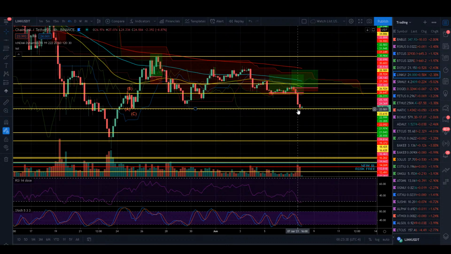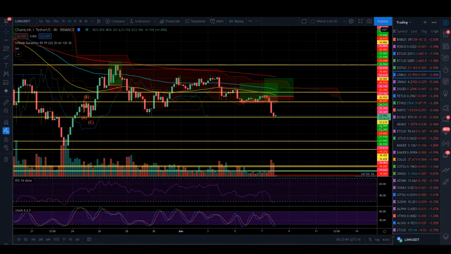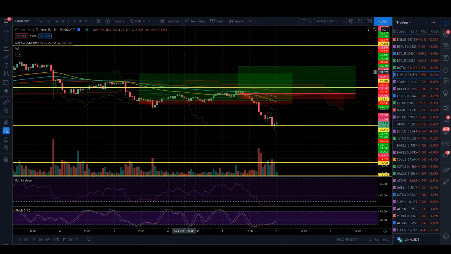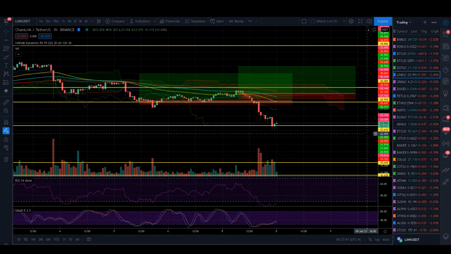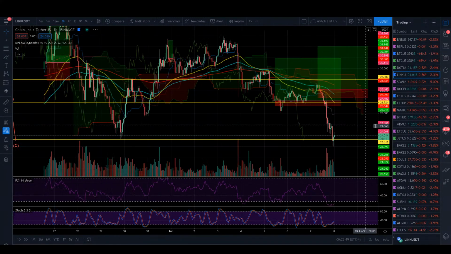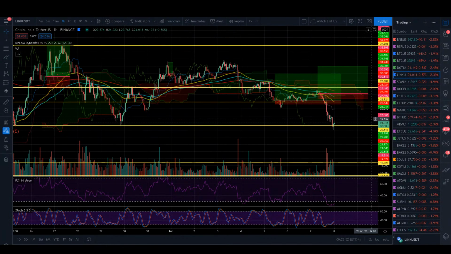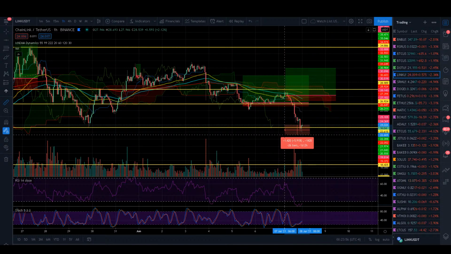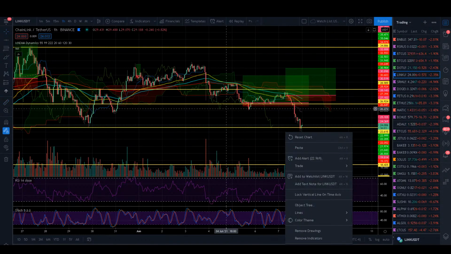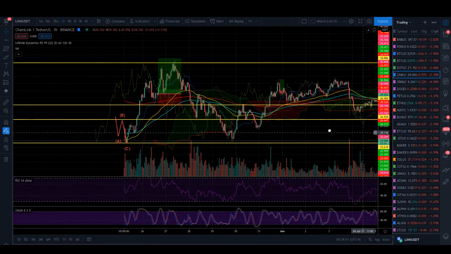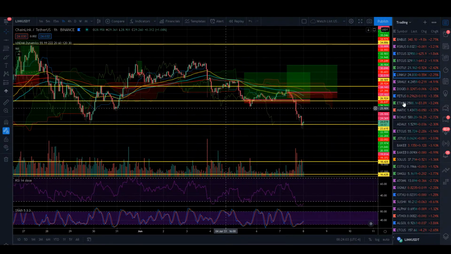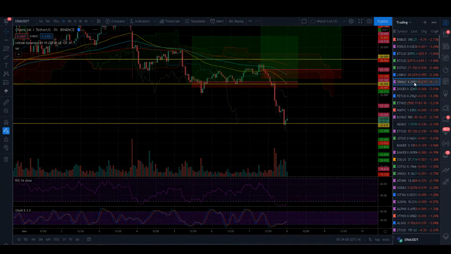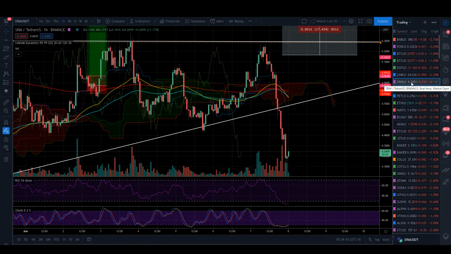See this? That support really is interesting too. The only reason I'm hesitant on Link is, unlike the other ones, if I did this, my stop loss would have to go a little bit lower. I might have to stay back and not mess with Link.